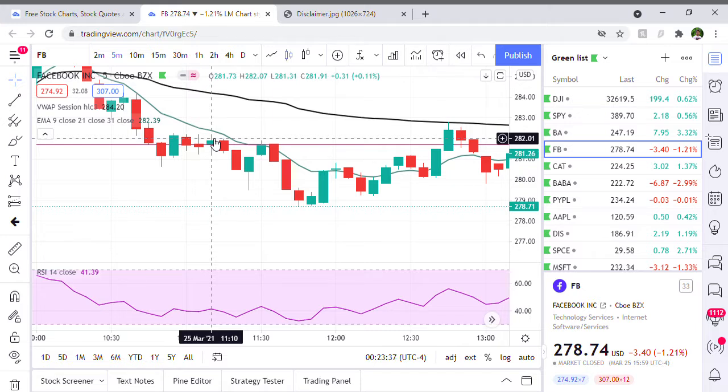Okay, so at 11:15 I will put my trade in such a way that I am able to sell Facebook shares at 281.70, or I am able to buy a put of Facebook, which would be around 281.70. We can just do the simple arithmetic using the delta.